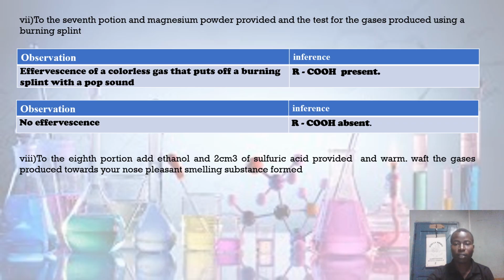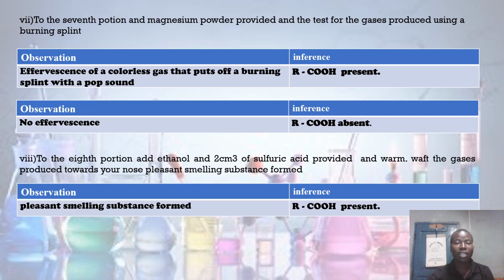Next, you may be asked to add ethanol and sulfuric acid to that solution, then warm. And you are told to waft the gases produced towards your nose. In this particular case, what are we expecting? We are expecting to smell a pleasant smelling substance being formed.